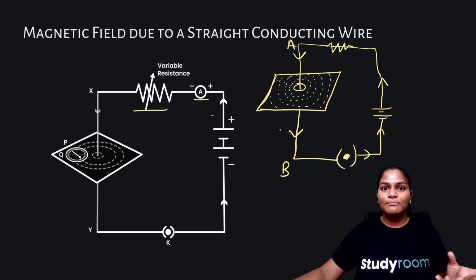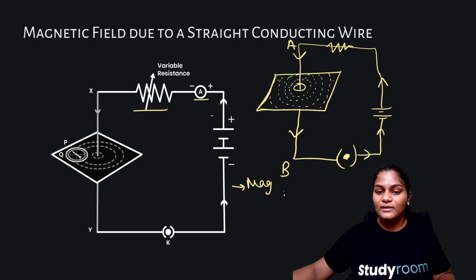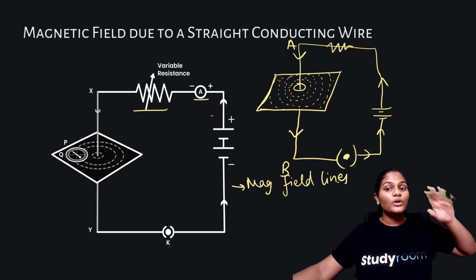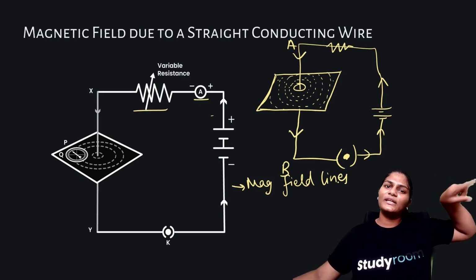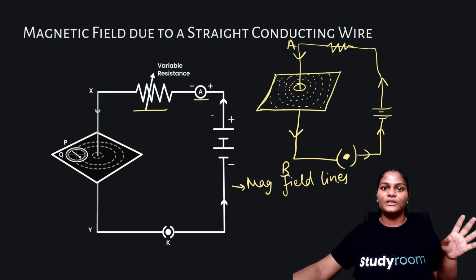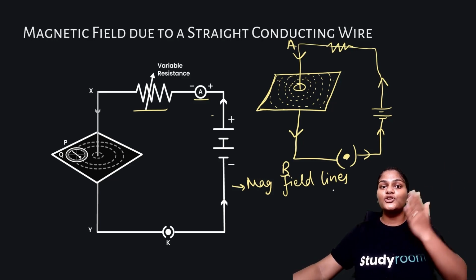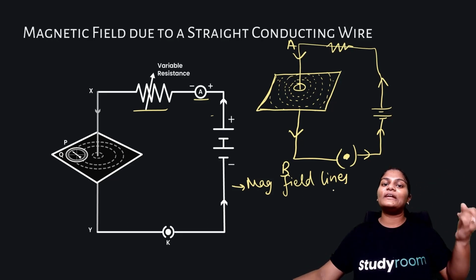So what does that mean? These are magnetic field lines. Now don't get confused with the bar magnet. In the bar magnet, they were curved loops from north to south. That is different. That is for a bar magnet. For each magnet or for each shape, the type of field lines is going to be different.